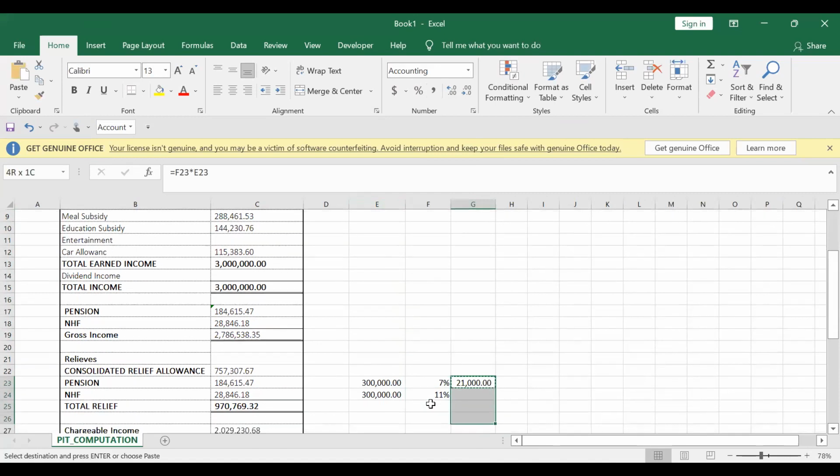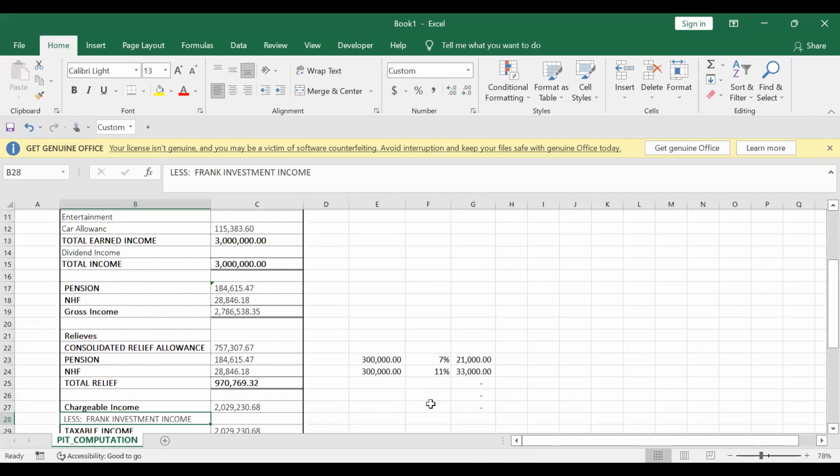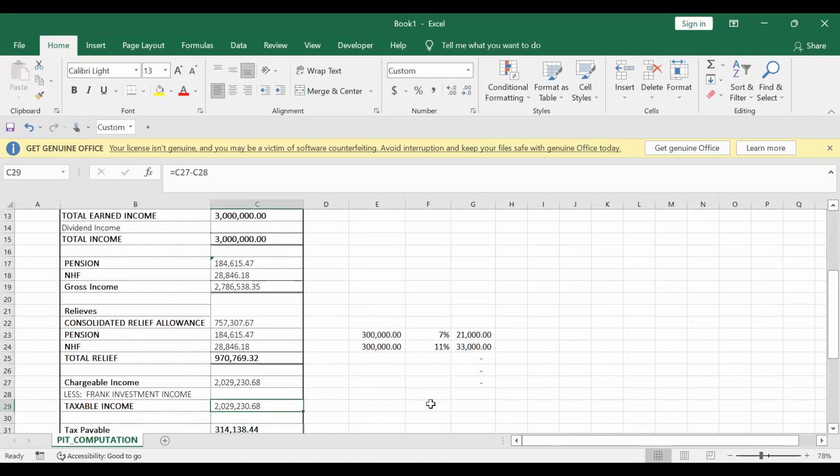Then don't forget our chargeable or taxable income is 2 million. So we have removed this first 300, we have removed this next 300. So conveniently, we can still get the next 500, right? That 500 is at what percentage? 15%.